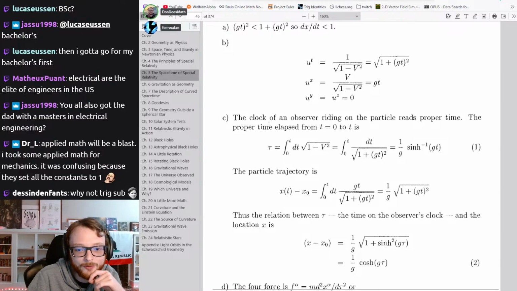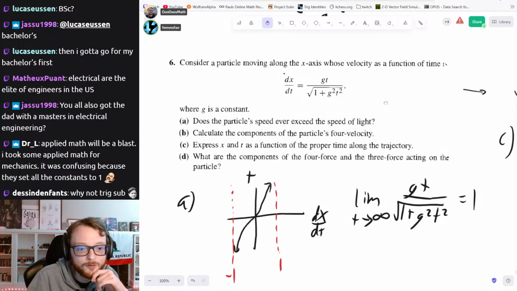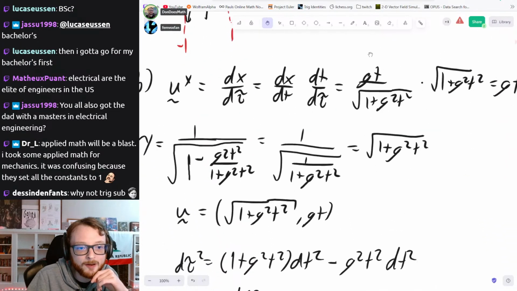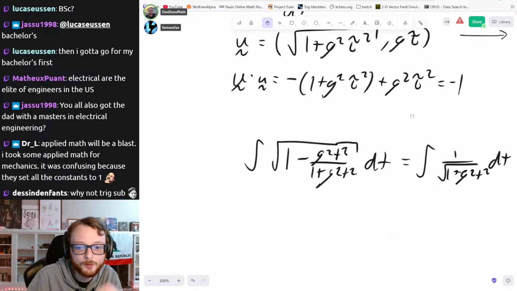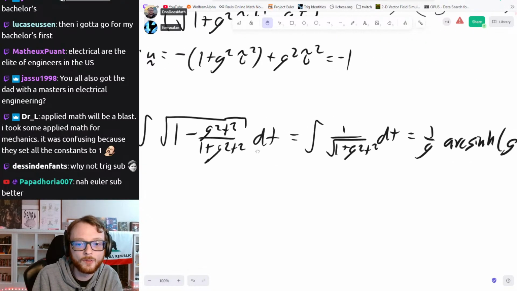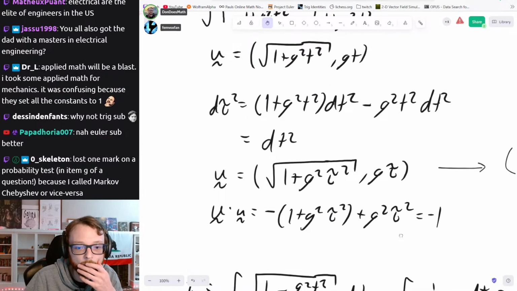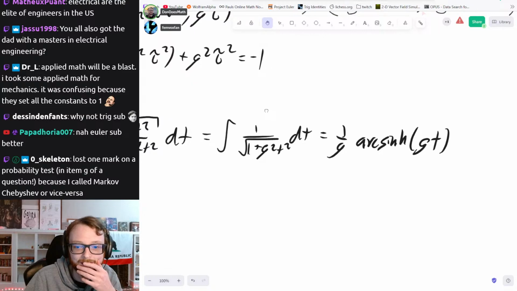So how does this affect our answer? What were we doing for part C? So that's tau. Oh, we're finding the relationship between T and tau. That's what we're doing. What were we doing with that though?